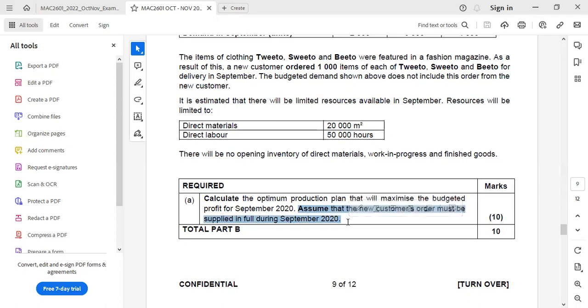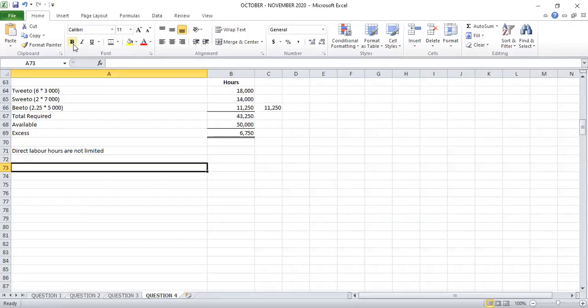So we cannot touch anything on the new customer's order. So what do you do? Out of those 20,000 square meters, first of all, let's allocate to the 1,000. Then whatever remains, we'll then allocate to the remaining units. Right. So we can say total square meters which are required to fulfill the new customer's order.